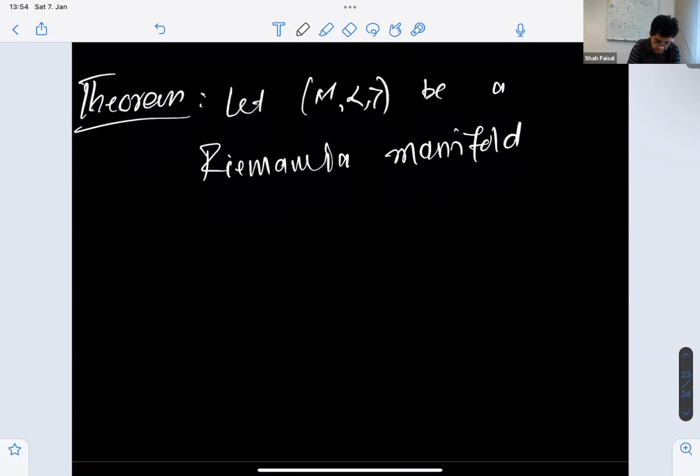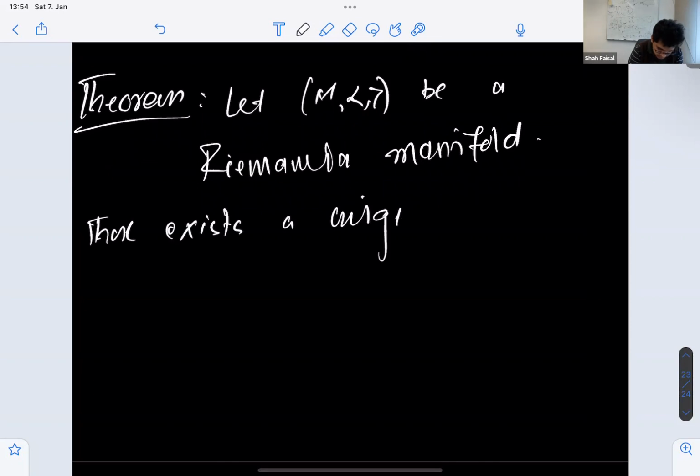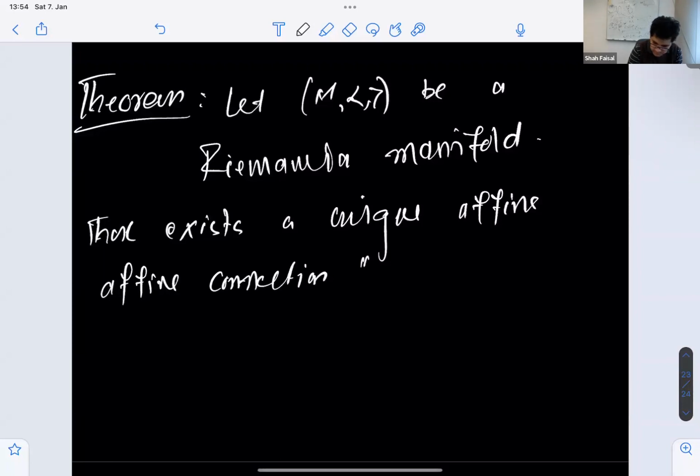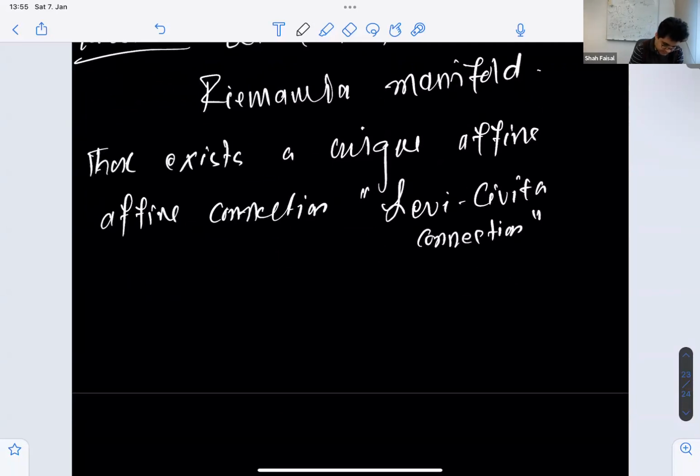Then there exists a unique affine connection, called the Levi-Civita connection, that satisfies the following condition.